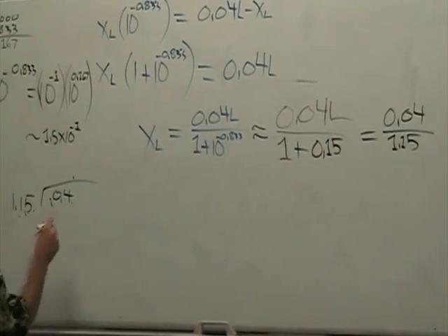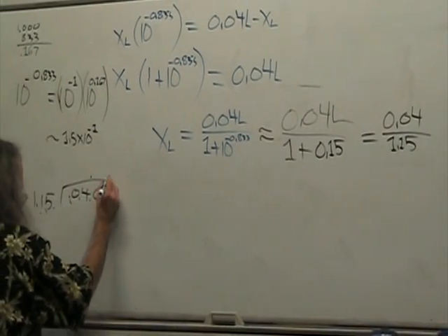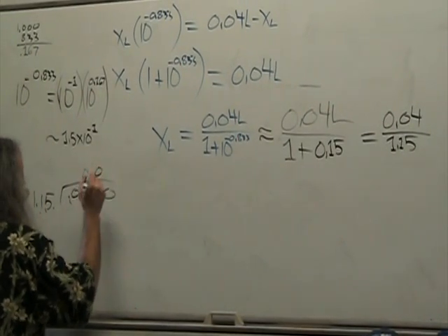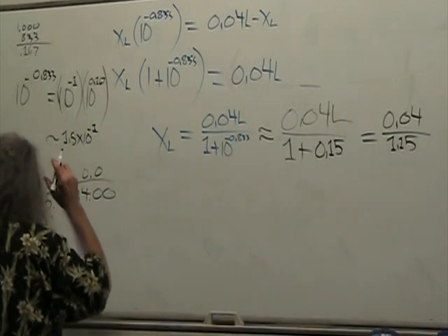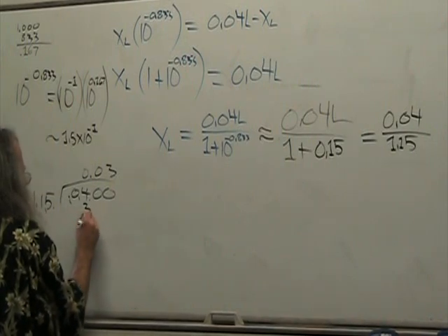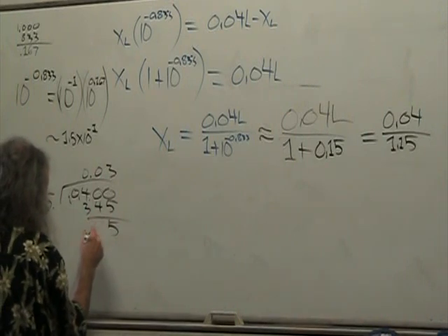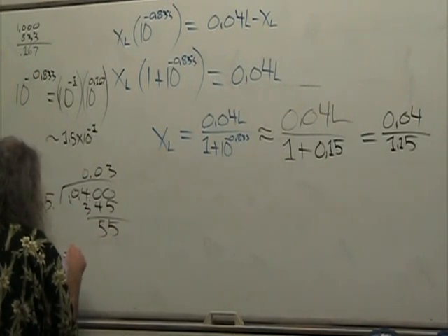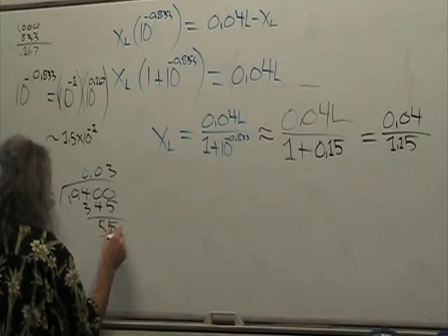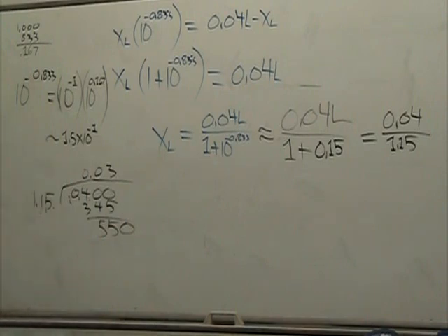And 115 goes into 400 3 times. And that would be 345. That's 5, and so 550, so it's going to be around 3, 4.